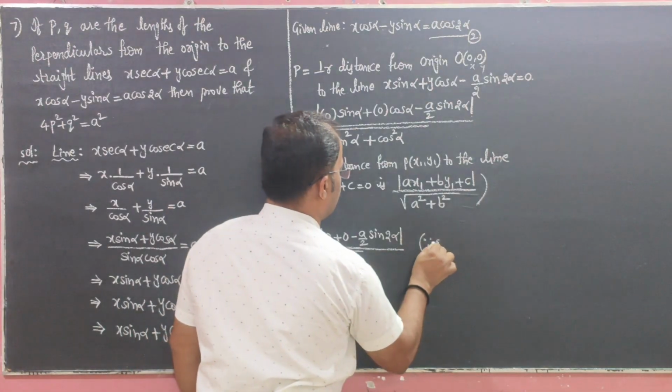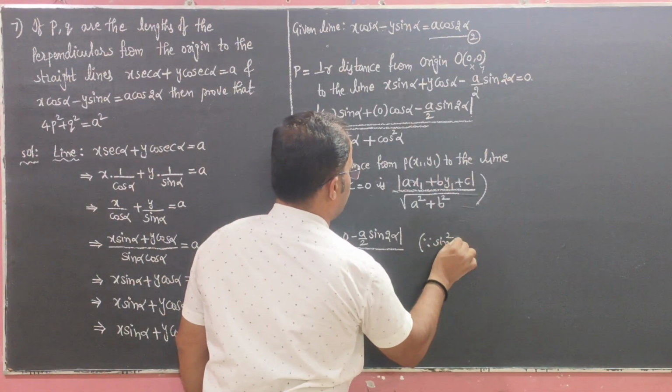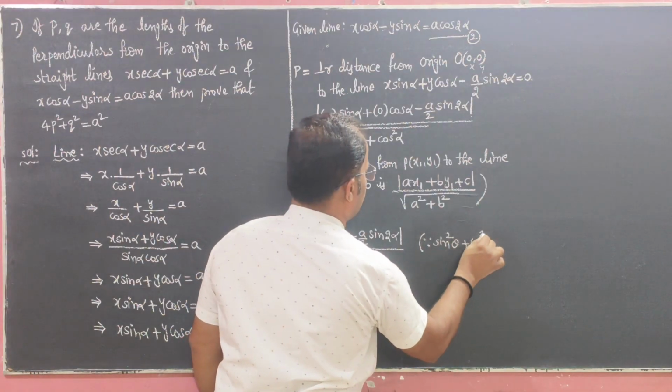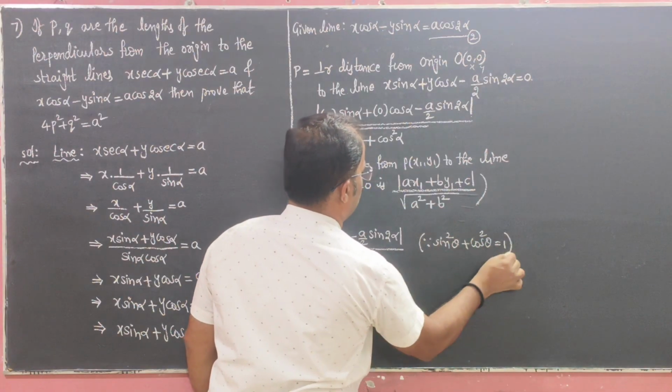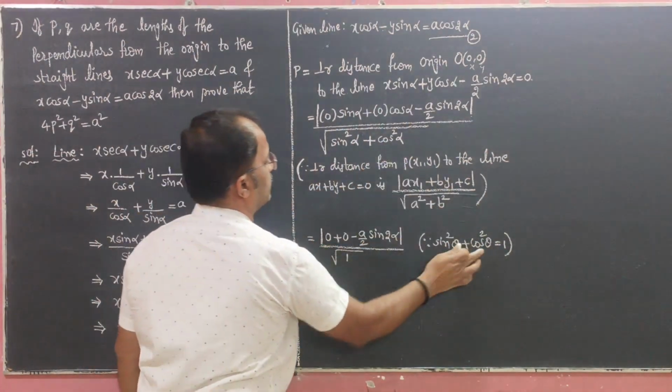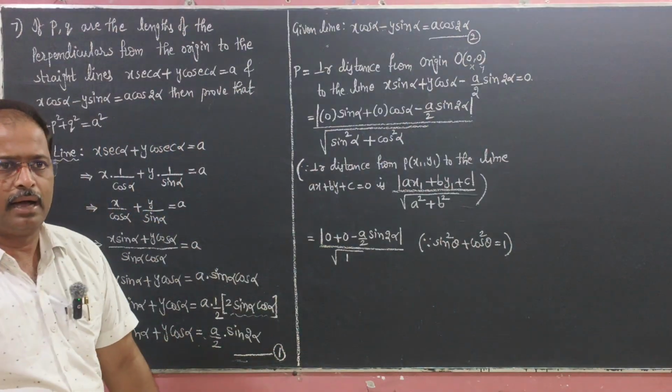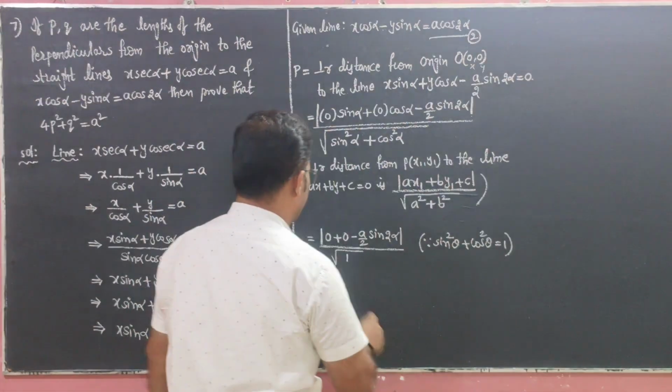We know the identity formula: sin square theta plus cos square theta equals 1. Here theta is alpha, so sin square alpha plus cos square alpha equals 1.